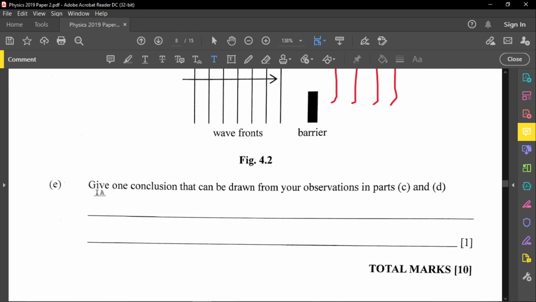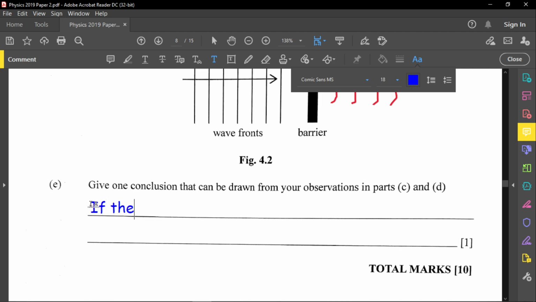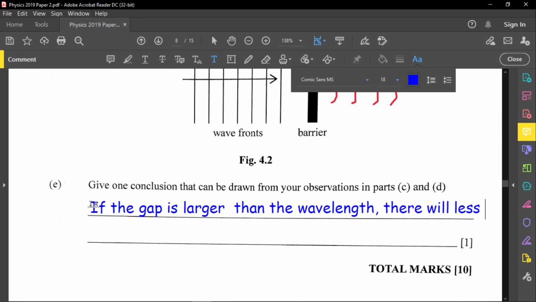Firstly, to point out that if the gap is larger than the wavelength, there will be less bending of the wavefronts. All right, so very important.